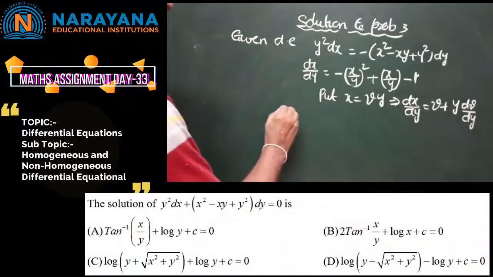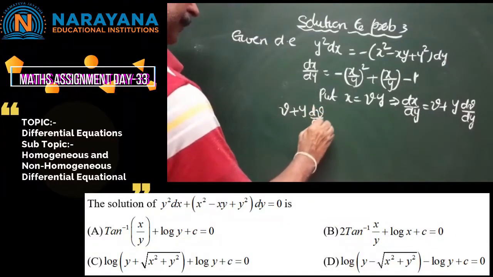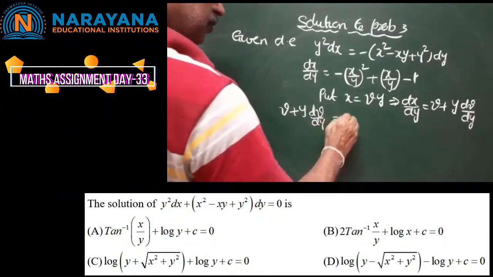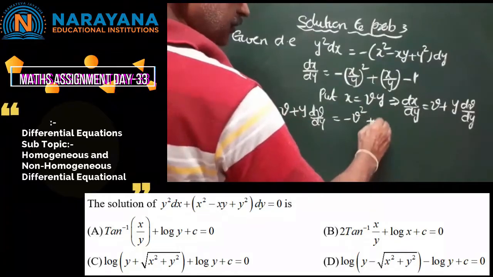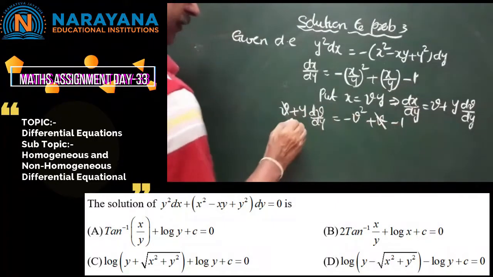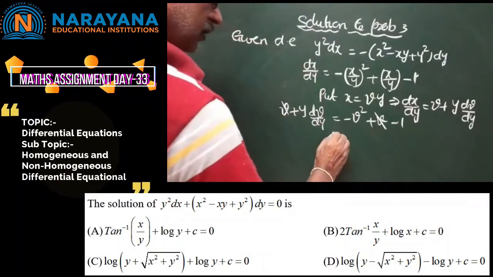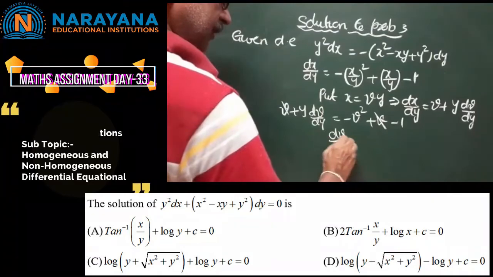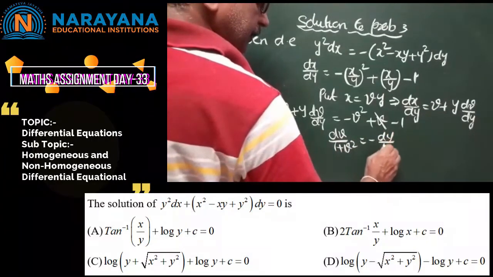Now substitute that: v plus y dv by dy equal to minus v square, plus v, minus 1. This v and v will get cancelled. So we separate the variables so that we get dv by (1 plus v square) is equal to minus dy by y.